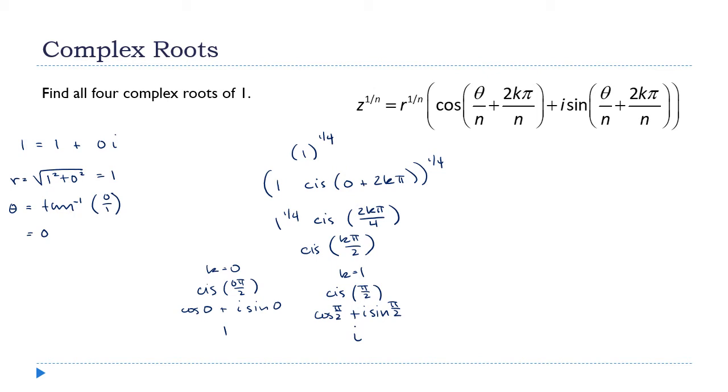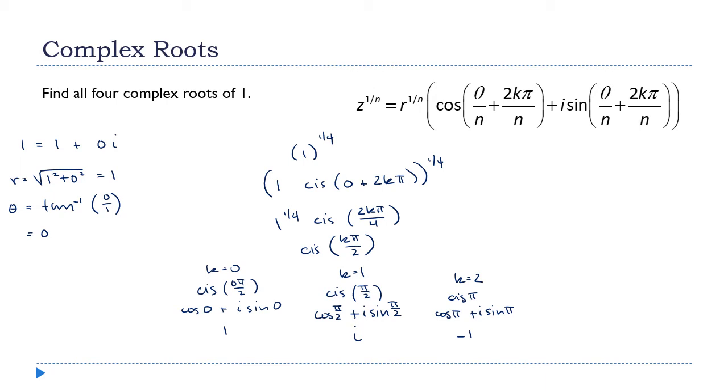Keep going. Let k equal 2. Then this is cis pi, which is cosine pi plus i sine pi, which is -1. -1 to the 4th, yeah, that's 1.